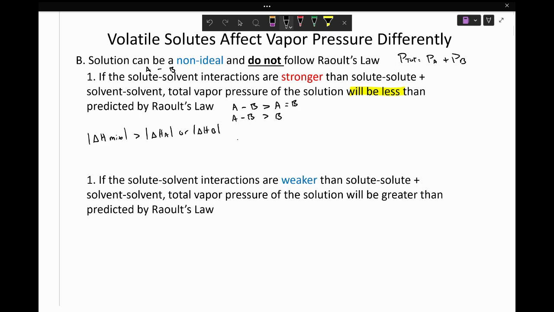And so in these cases where delta H mix is greater than delta H A, delta H B, what you have is delta H of solution is lower energy.